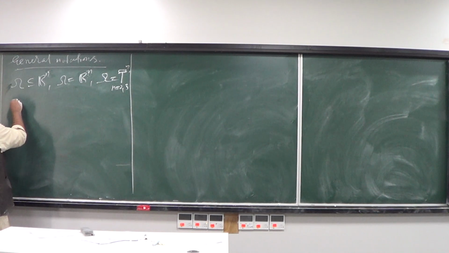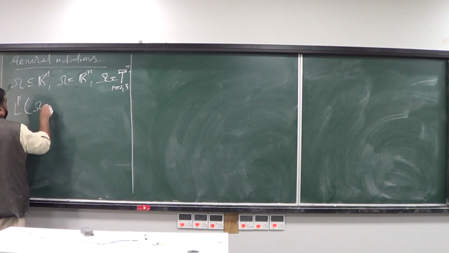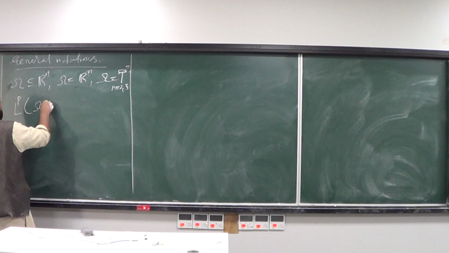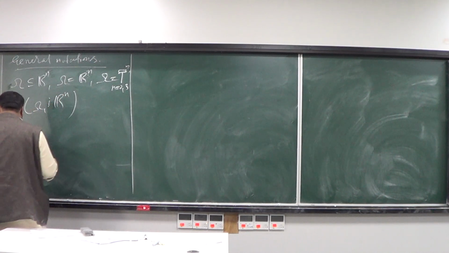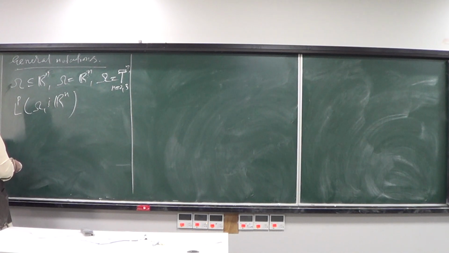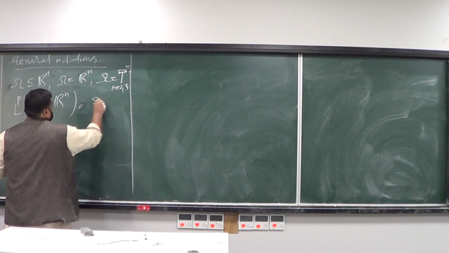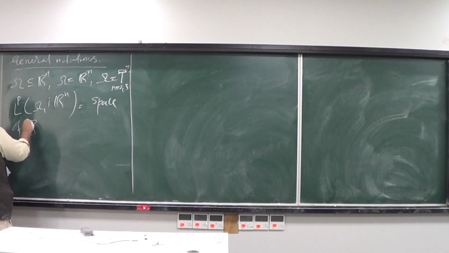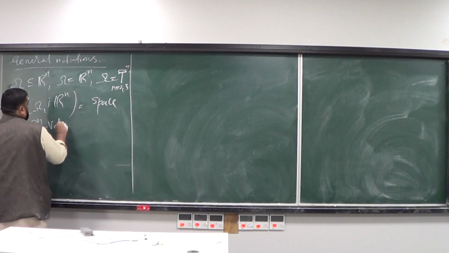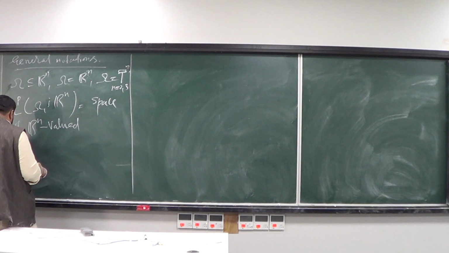So what is the meaning of the space Lp(omega, Rn)? We all know that very well. This is the space of Rn valued p integrable functions.